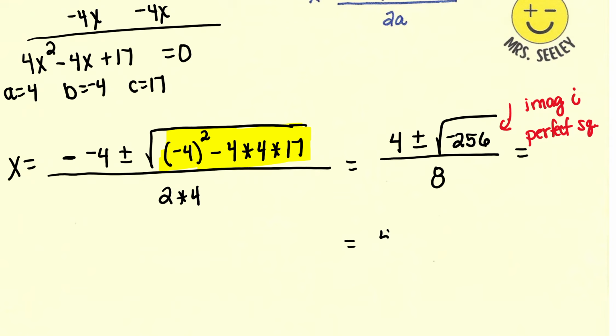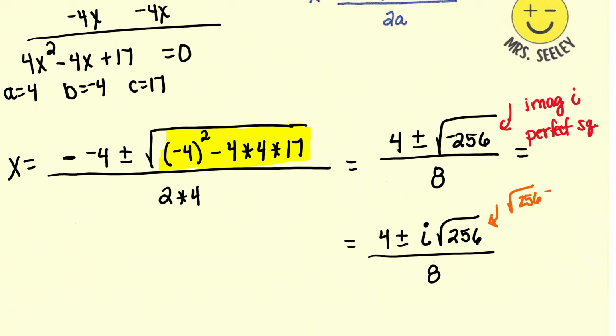So I'll have 4 plus or minus, pull out your i, and then the square root of 256. If you go to your calculator and say square root of 256, you will get 16. So 4 plus or minus 16i over 8.